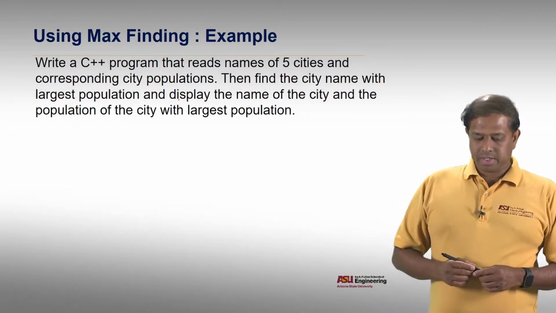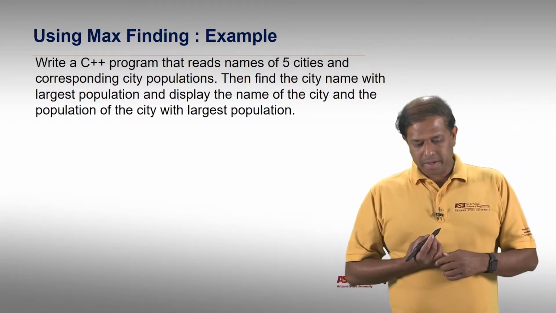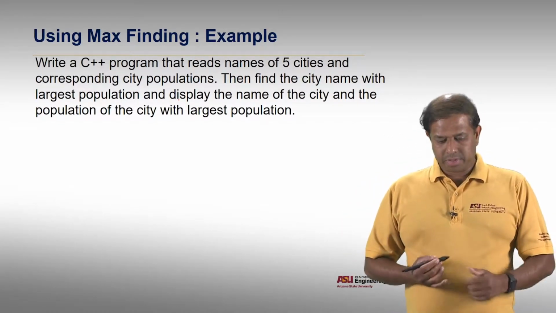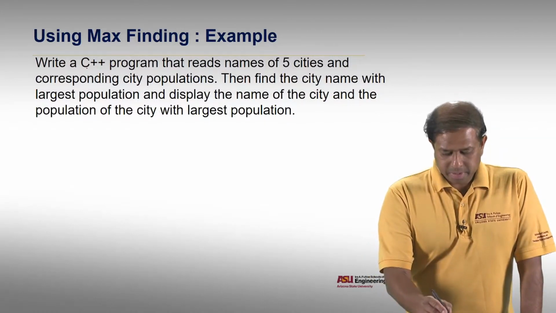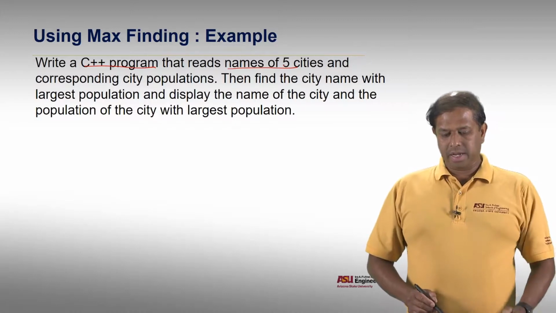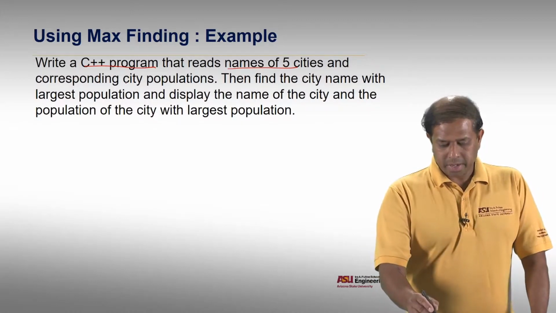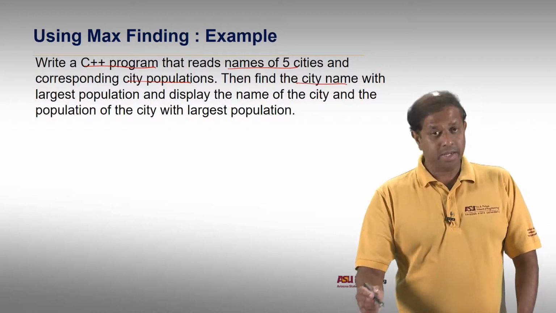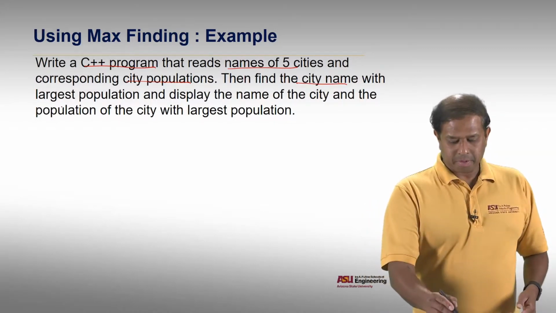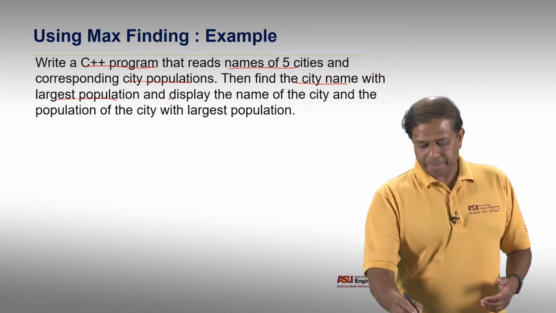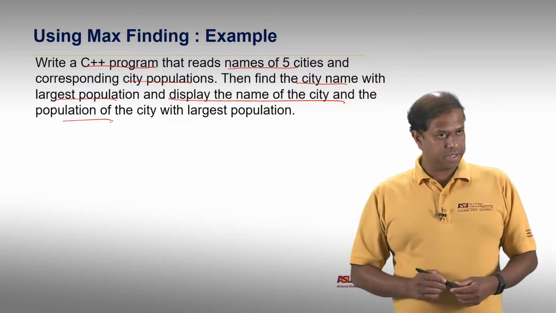Now let's apply this concept to solving a simple problem. Suppose we need to write a C++ program that reads names of 5 cities and the corresponding city populations, and then finds the name of the city with the largest population and displays the name of the city and the city population, right?